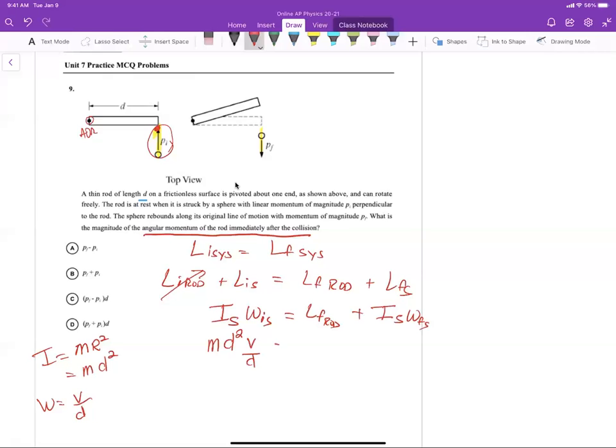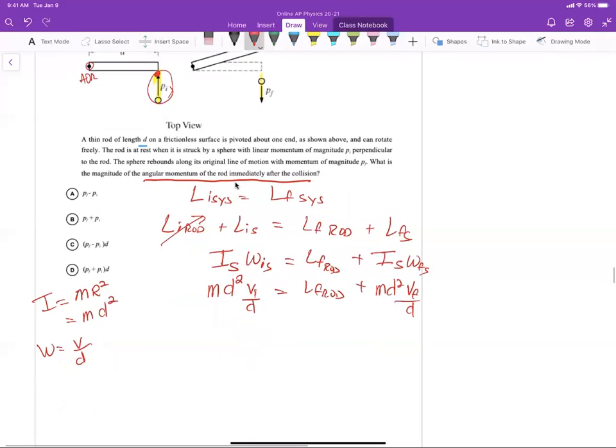Now let's continue on, with the rod plus exactly the same thing for the end. That's m d squared times v final over d. Now let's clean that up a little. The d's cancel. I still have v initial, and then I have a d left.